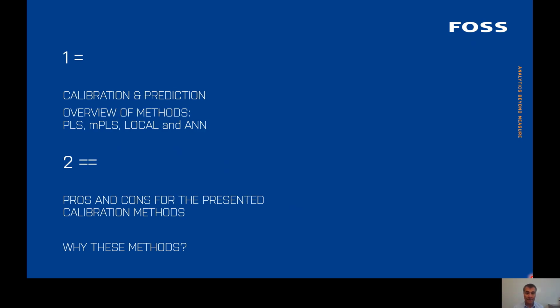After that, we will have a discussion on pros and cons for the presented methods and why we have selected these methods. And we will end with a demonstration in FossCalibrator where we benchmark PLS to ANN, and this is conducted by my good colleague, Thomas Nielsen.